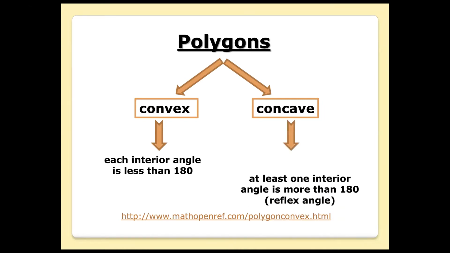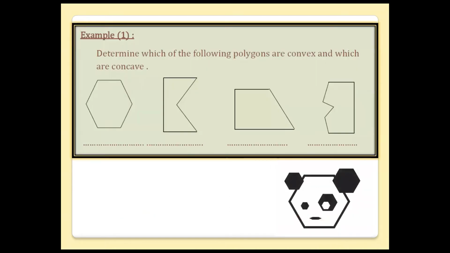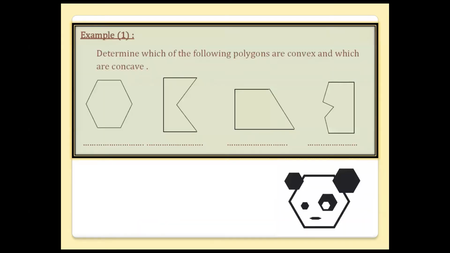And a concave polygon must have at least one interior angle more than 180, a reflex angle. And its shape will be like a cave. And as we know, a cave is a hole inside the mountain.